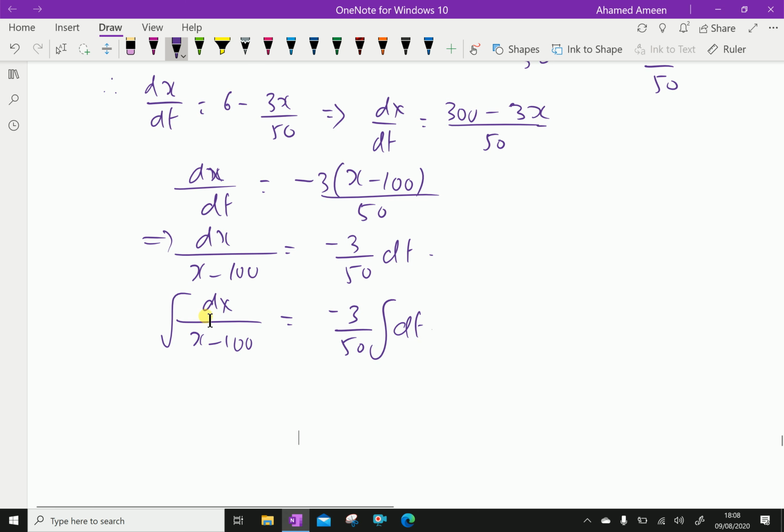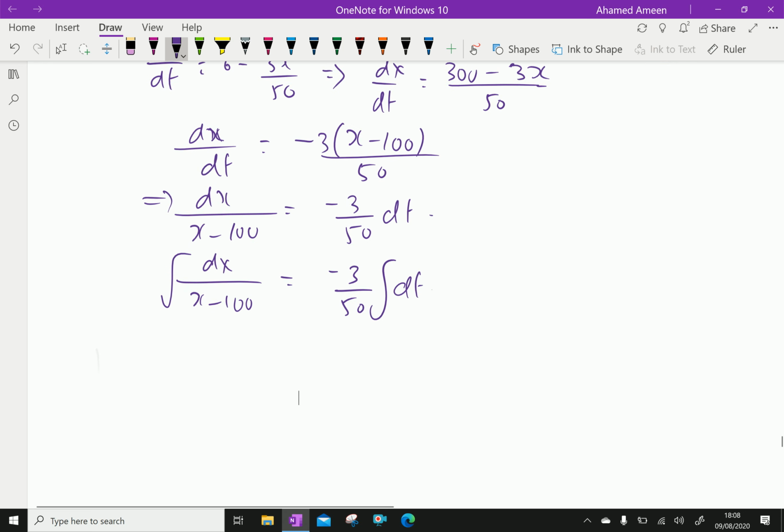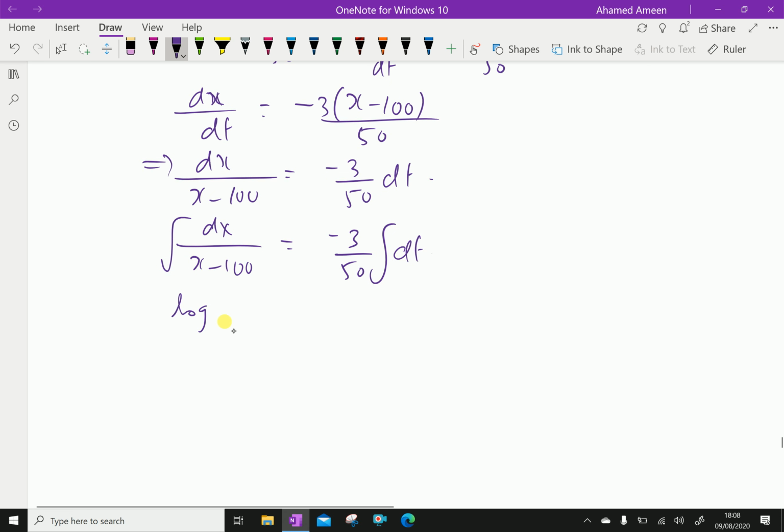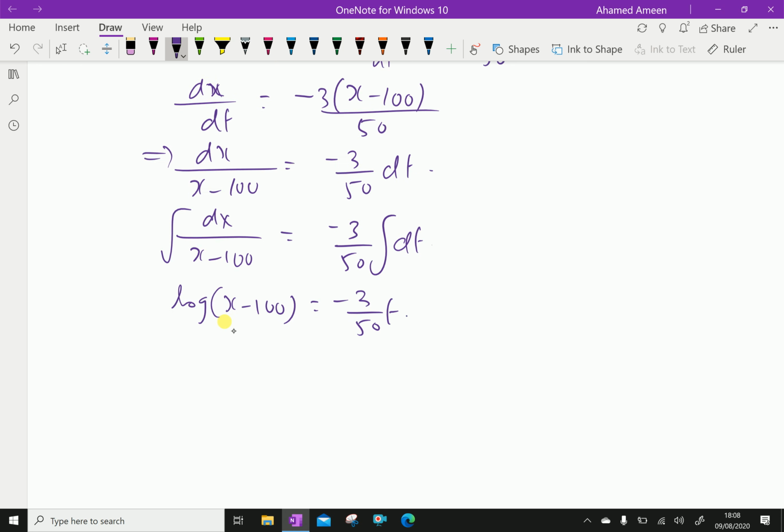Integrating this, we have log of x minus 100 equals minus 3 by 50 t plus log c.